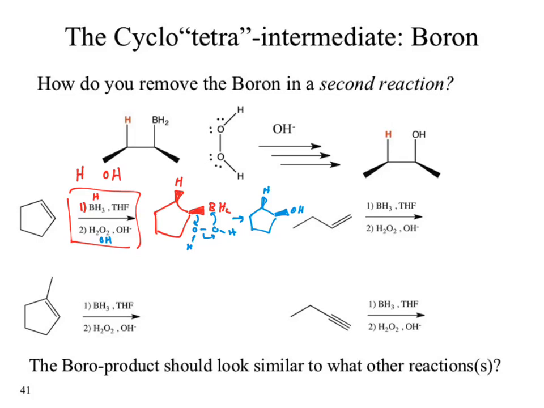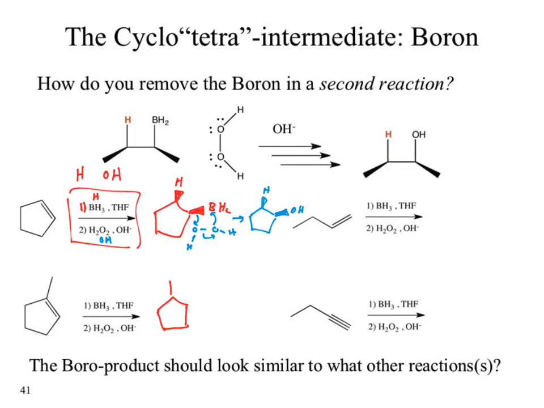That does become important when we move down to our next reactions, because we're going to run the same reaction, and this next one is going to give us a little bit more information. In this case, we have to recognize where we place the H and the boron. In the first reaction, it didn't matter because both those carbons were identical. In the bottom case, it does matter because each of those positions is different.